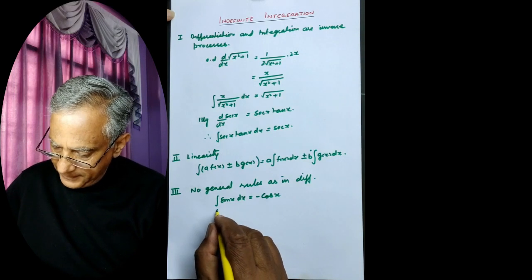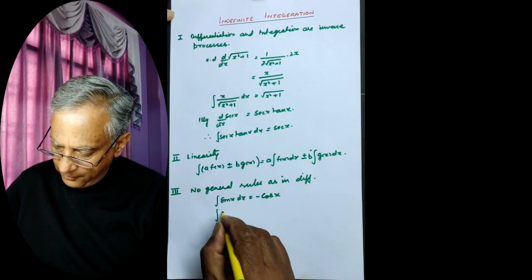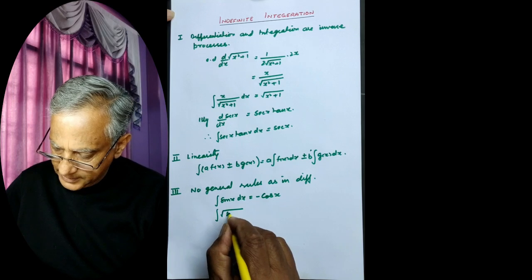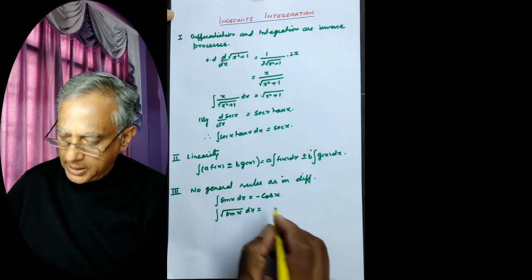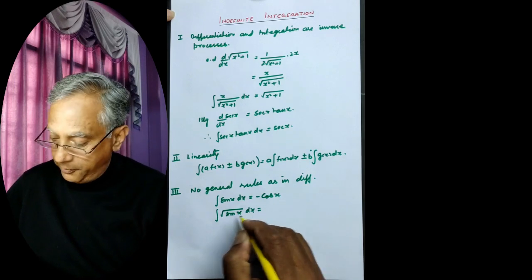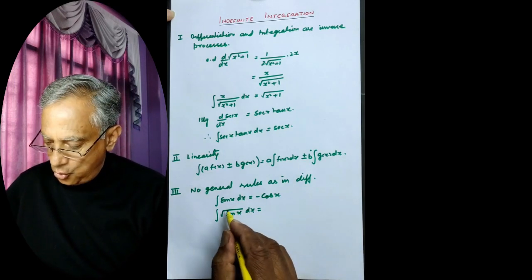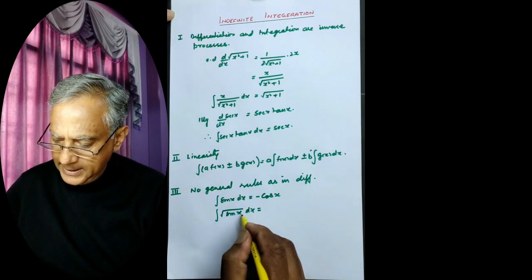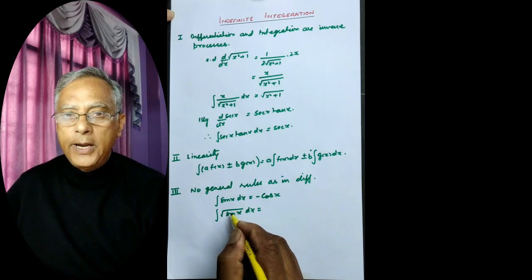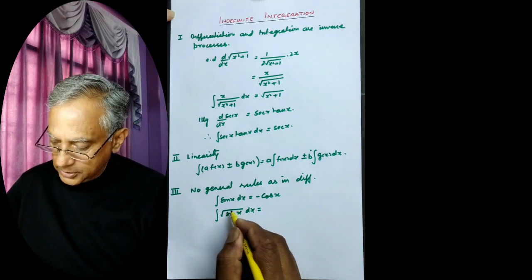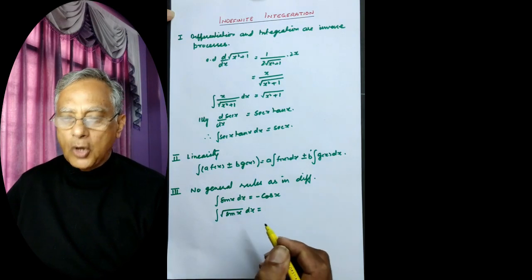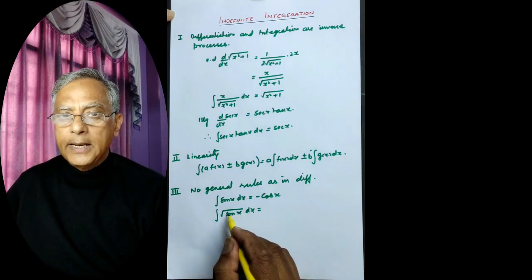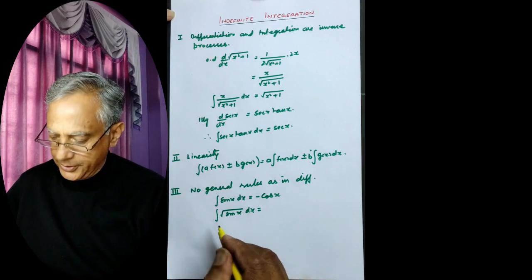But if instead of sine x I have, say, under root sine x dx, then this question will be very difficult to solve. There is no such rule as the chain rule in differentiation. There are no general rules like the chain rule in differentiation.